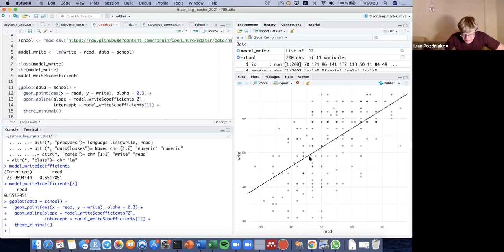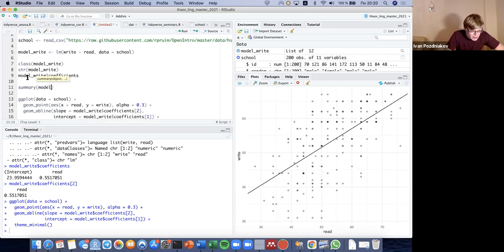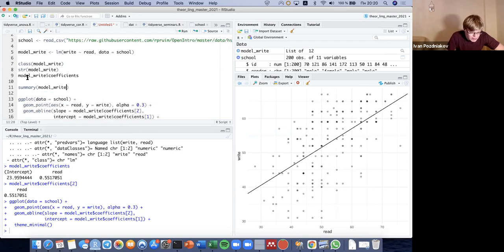So actually, let's see the summary for this model. We'll use summary, not just the model. Remember, summary is a generic function in R. It means that you can apply it to objects of different classes, and you will get meaningful, different results.